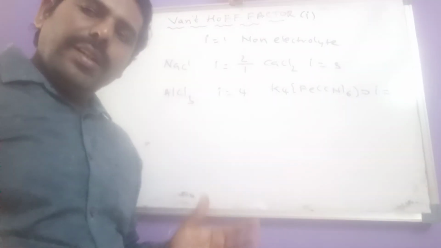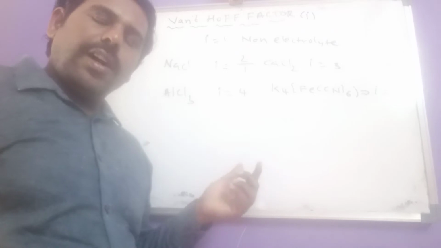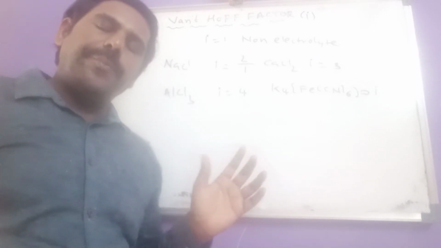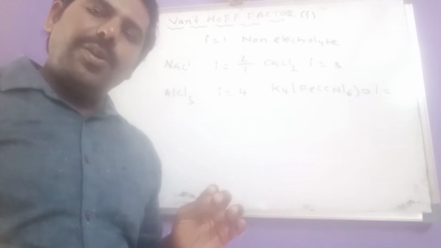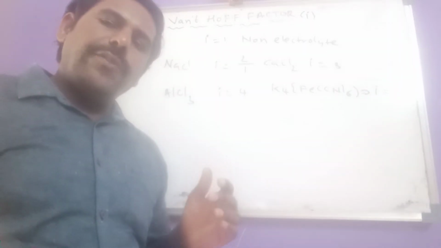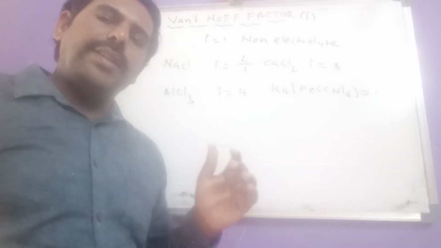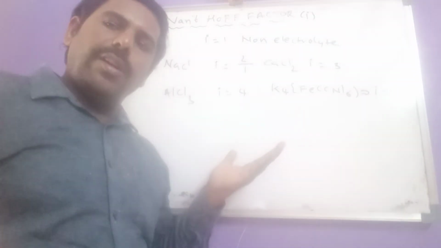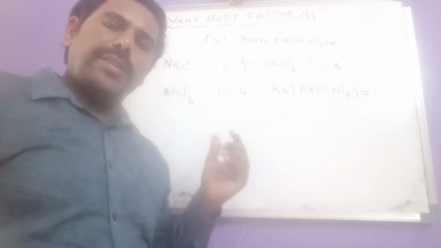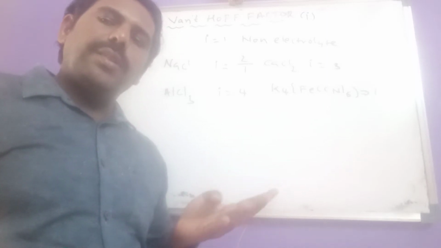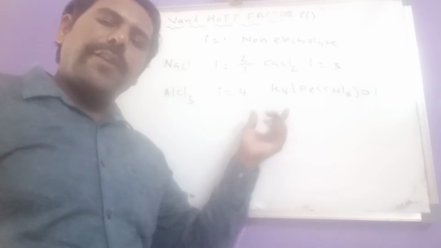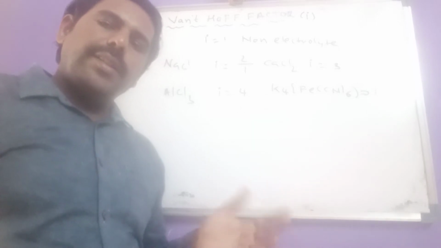Now a common question is there. A general question: for which of the following is the van't Hoff factor i value maximum? They give four options: glucose, NaCl, AlCl3, K4[Fe(CN)6].